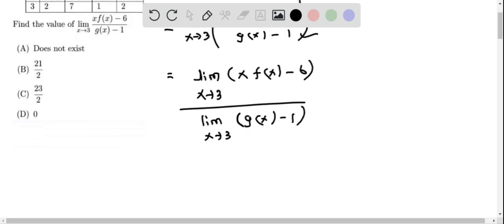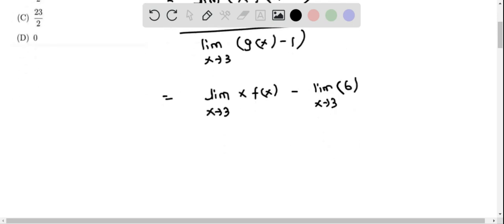Now let's apply some properties of limits. In the numerator limit, we can apply the sum or difference rule first. When we do that, we get the limit as x approaches 3 of x times f(x), minus the limit as x approaches 3 of 6.